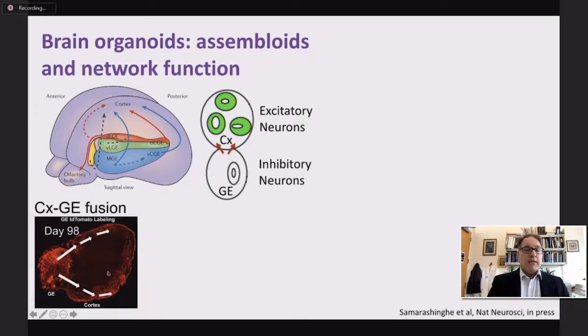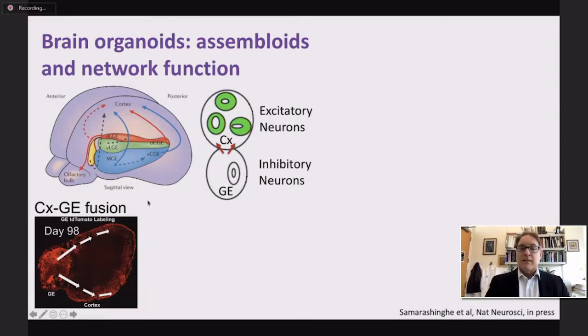And this is what I did making this organoid when I was on sabbatical in Ben Novich's lab at UCLA a couple of years ago. I generated the ganglionic eminence and the cortex separately. I labeled the ganglionic eminence with a red fluorescent marker 40 days earlier, then fused them, and all these interneuron progenitors migrated into the excitatory cortex to form networks.